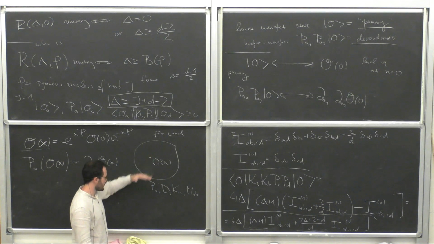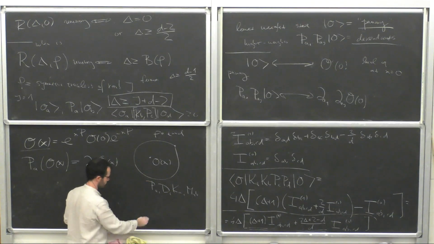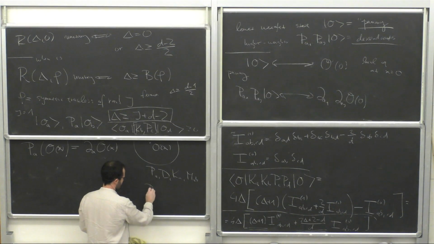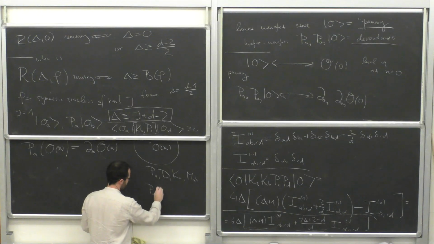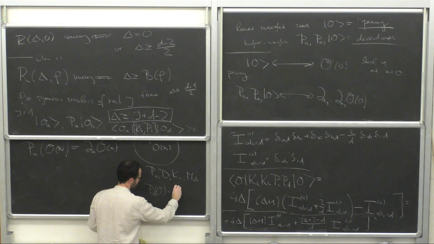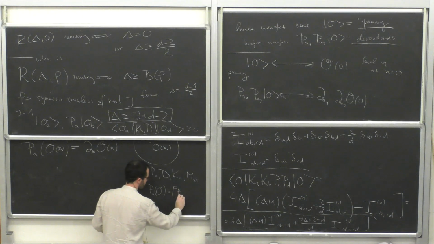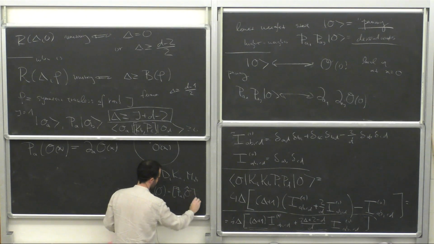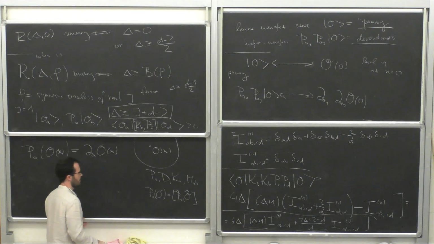In the Hilbert space picture, this becomes the commutator. I should probably use different notation. In the Hilbert space picture, it's the same thing as taking the quantum operator acting on the Hilbert space and commuting it with O, right?